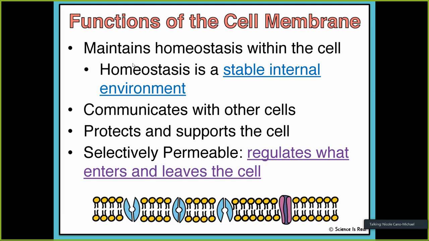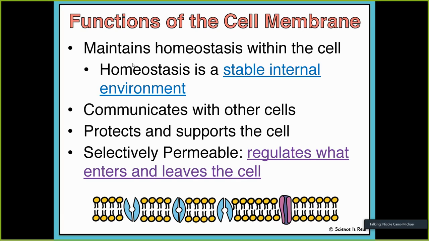Whenever I think of selectively permeable, of allowing certain things in and allowing certain things out, I always think of those spy movies where people are coming into FBI or CIA headquarters. They always have to stop at the front desk, and there are security guards, and you have to go through the metal detector and all that.